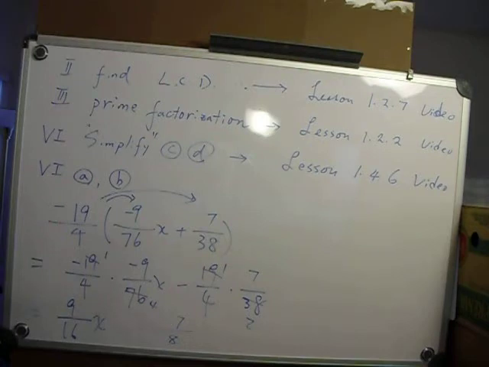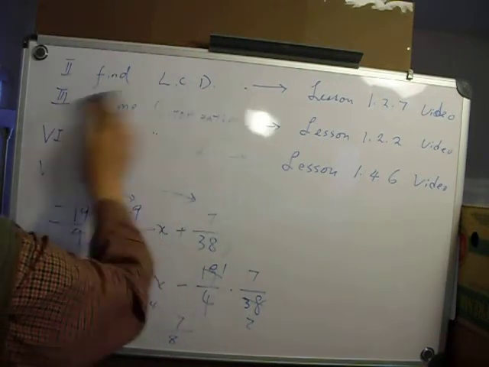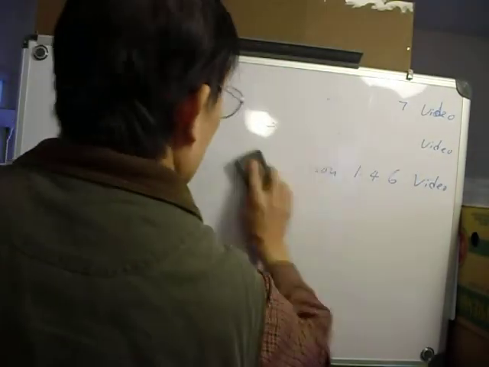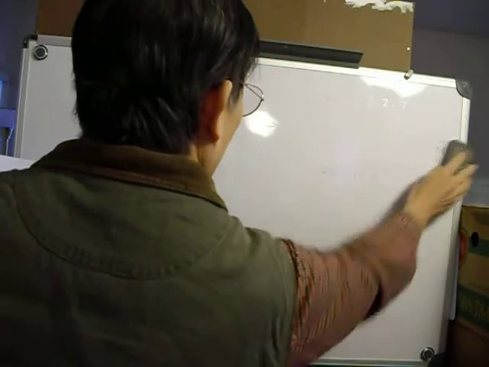Now we have time to do another one. It's more complicated. This is our example for your number 6B. That is like a double question.